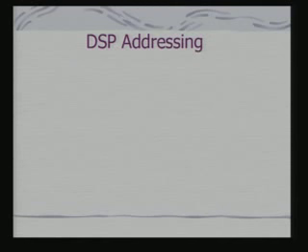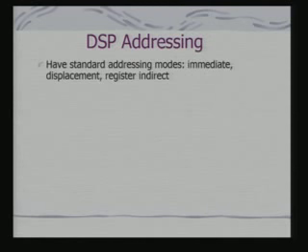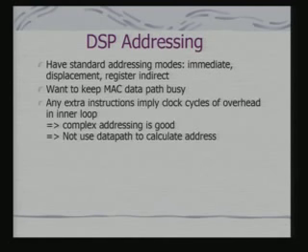So, what are the different addressing modes these DSPs use? They have standard addressing modes: immediate, displacement, register, indirect, and they would like to keep the MAC data path busy. MAC is dedicated hardware, so there is data flow through this path, and any instructions imply clock cycles of overhead in a loop. That may reduce the efficiency with which the MAC gets used.